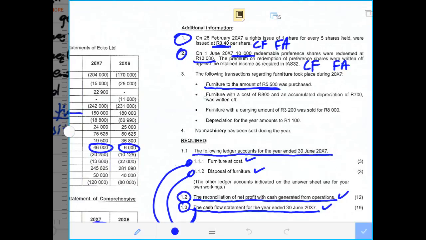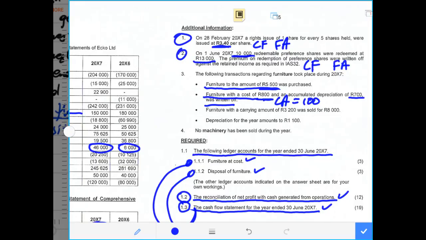Then the second bullet point said that furniture with a cost price of 800 rands and an accumulated depreciation of 700 was written off. The cost of the furniture was 800, so the carrying amount of this furniture will be 100 rands, and that carrying amount became a loss because it was written off.